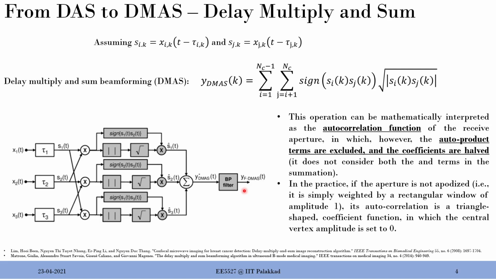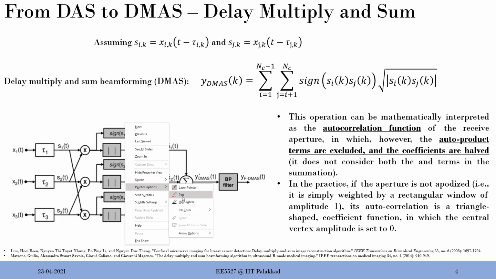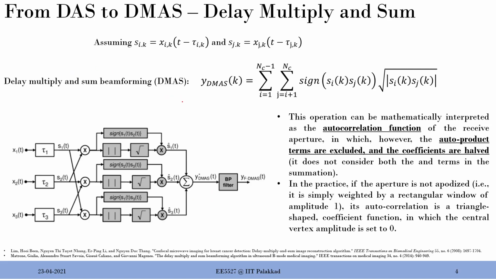If you correlate that rectangular window with itself, so basically when we say correlation, I think computer science people might not have studied it. So correlation or convolution operation is basically you have a rectangular window like this. If you do autocorrelation with this, it means you move the same window to this side and then slide it in. At each slide you add the values together.